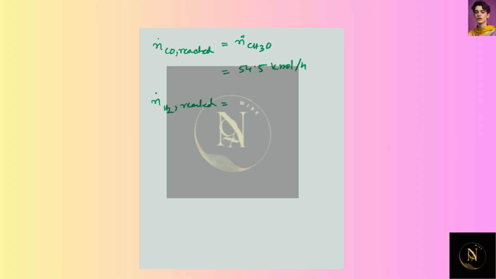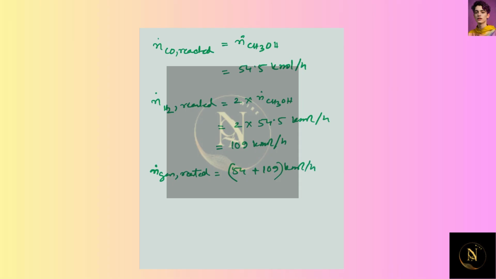The number of moles of hydrogen reacted is equal to 2 multiplied by the number of moles of methanol, which is 2 multiplied by 54.5 kilomole per hour, or 109 kilomole per hour, and the total number of gas reacted is 54.5 plus 109 kilomole per hour, which is 163.5 kilomole per hour.